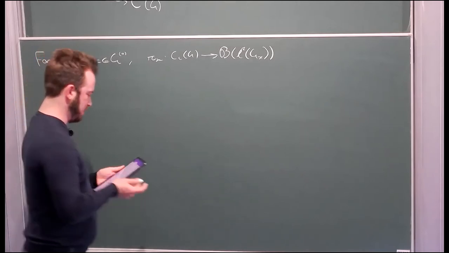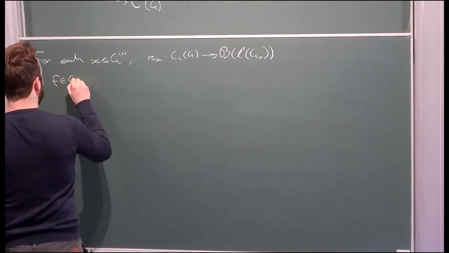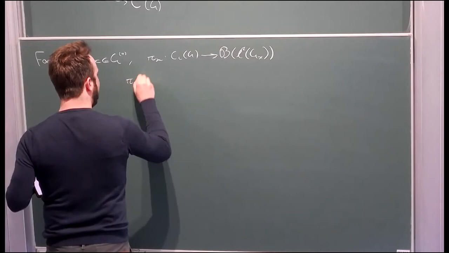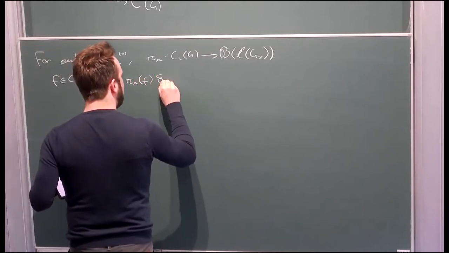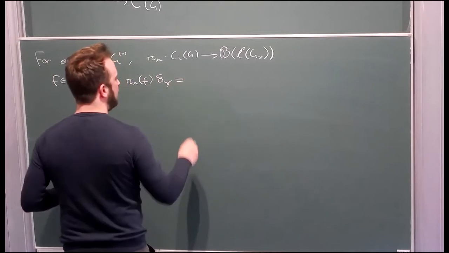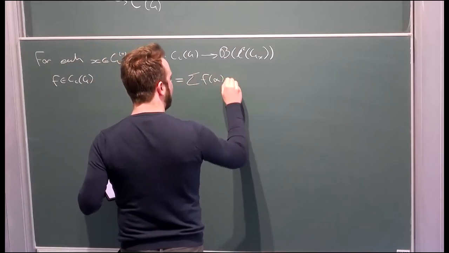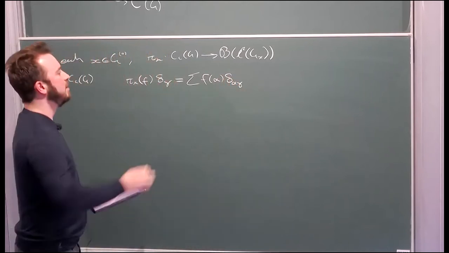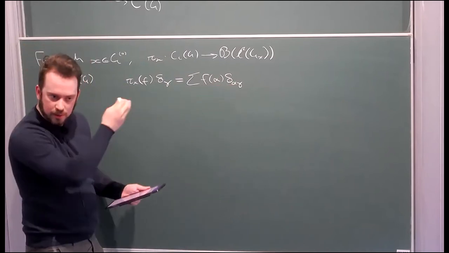And you say, okay, well, how is F in CcG going to act? We're going to have pi X of F act on the point mass at gamma by summing over F of alpha and then delta alpha gamma. So each element I multiply by, I am also shifting my point mass around.